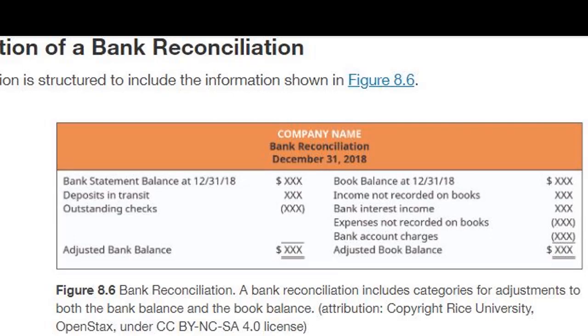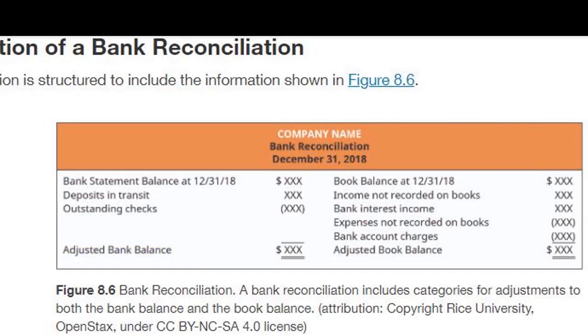And if what you think you have, your book balance in the bank, if that number is wrong for what looks like 4 different reasons, that's on the right side of Figure 8.6. Then the actual accurate number, the amount that you have in the bank, is what 8.6 calls the adjusted bank balance.